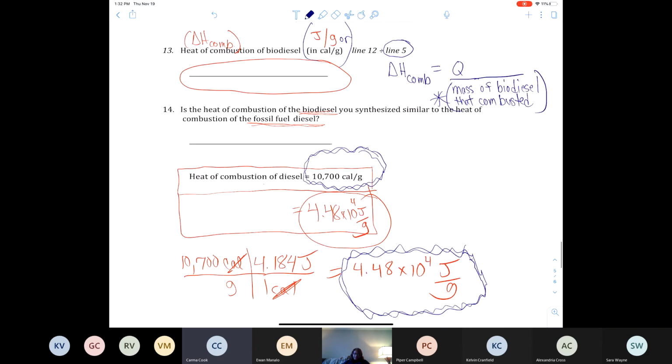And then talk about in question 14, is your calculated heat of combustion for the biodiesel similar to the heat of combustion for fossil fuel diesel? And that is it.